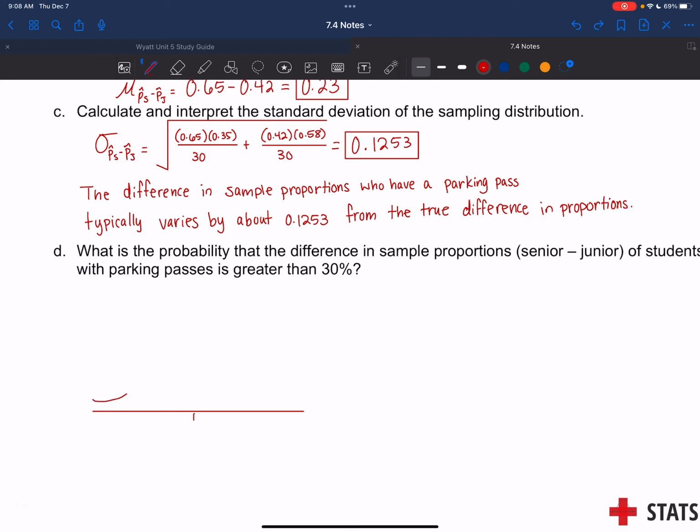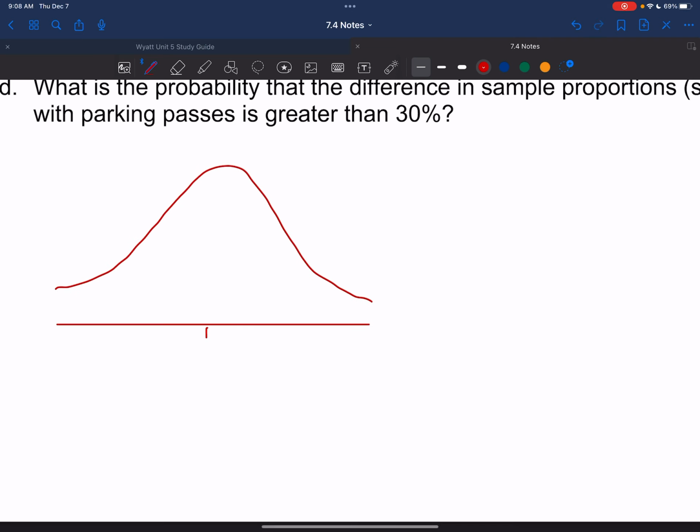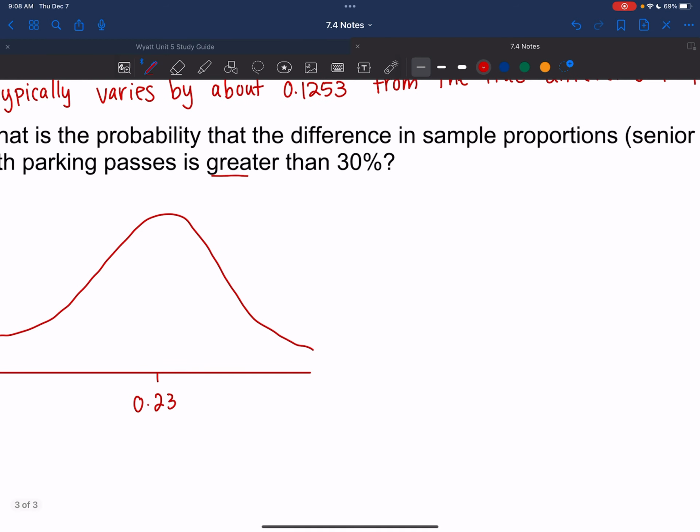So if I create a normal curve here, we're going to have 0.23 in the center. And we're looking at greater than 30%. So 0.3 is going to be about right here, and we're looking at what are the odds of having above that.